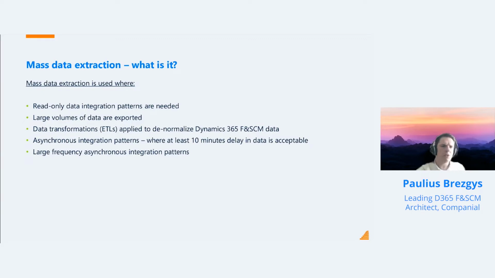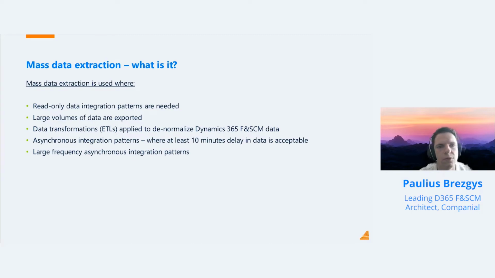So just to give you a bit more context about what I'm talking about. I talked about technologies and history, but hey, where do you use it? There are a few good uses for mass data extraction. First of all is the read-only data integration patterns, where you need to access data that's not necessarily real time.